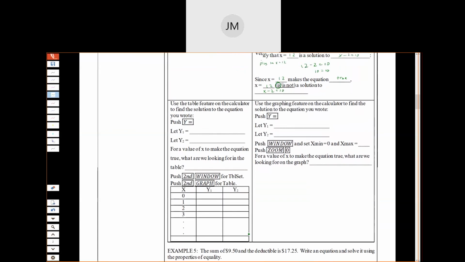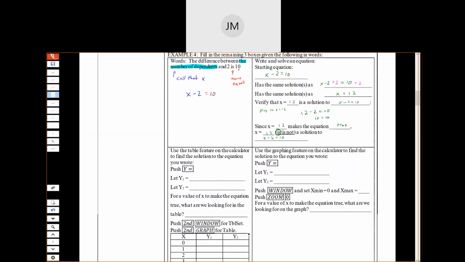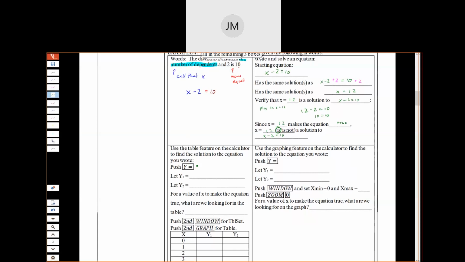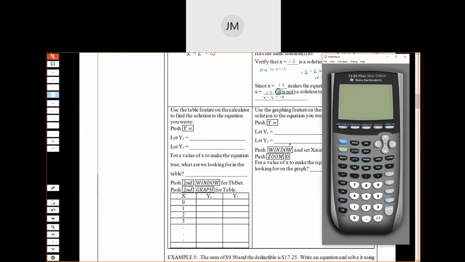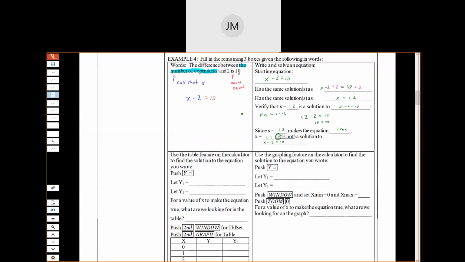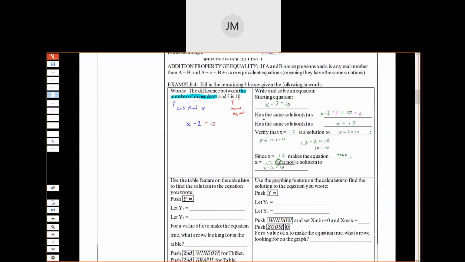All right, let's look at another way to solve an equation. Use the table feature on the calculator to find the solution to the equation that we wrote. Okay, so what I'm going to do is go back and remember my equation was x minus 2 equals 10.